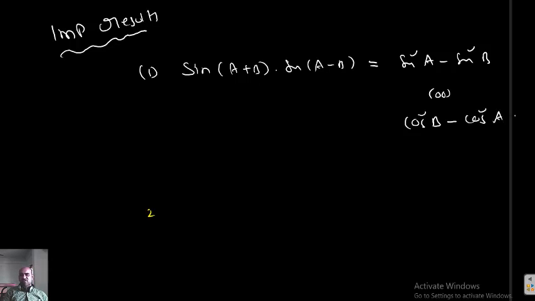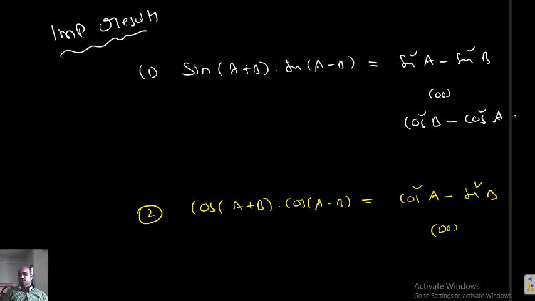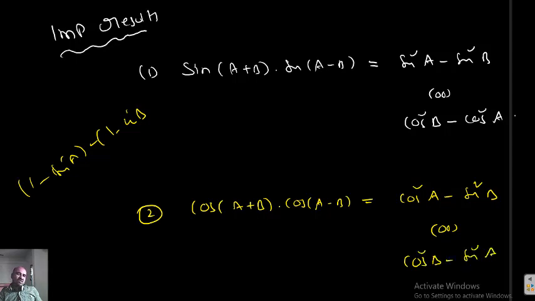Second one is cos of a plus b into cos of a minus b, cos square a minus sin square b, or sometimes remembered as 1 minus sin square a minus 1 minus cos square b. The 1s get cancelled, giving cos square b minus sin square a. Both are the same.